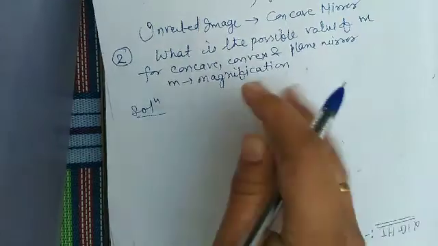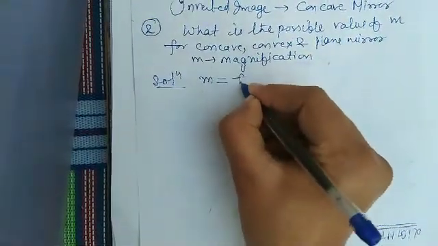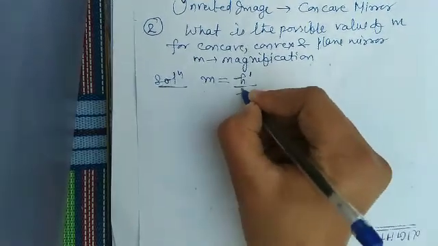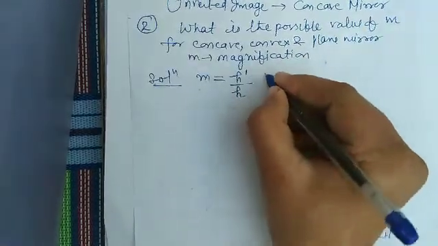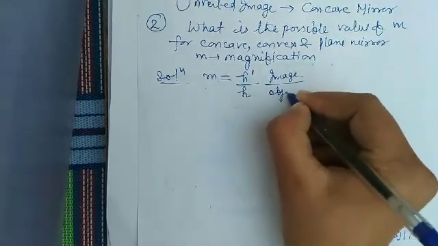Solution: m is equal to height of image to the height of object, size of image to the size of object.